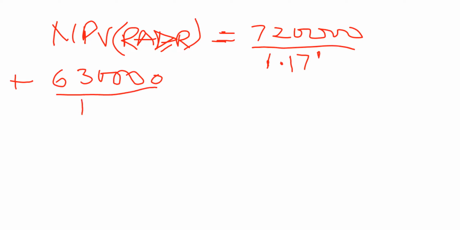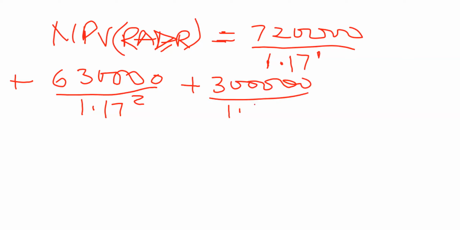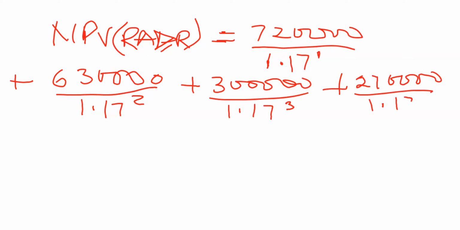All over 1.17 raised to power 2, plus 300,000 all over 1.17 raised to power 3, plus 270,000, I believe, all over 1.17 raised to power 4, minus our C0, which is 1.5 million.